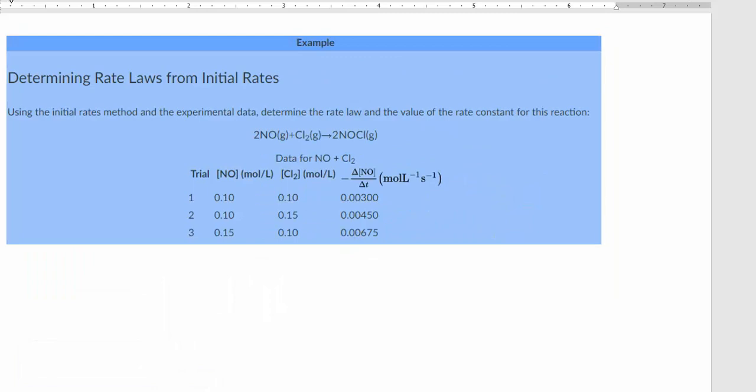To take the mathematical approach to determining the exponents of a rate law, we can use a ratio of the rate of one trial, which is equal to the rate constant K, times each of the reactants raised to their respective exponents. So rate of 1 to rate of 2, for example.